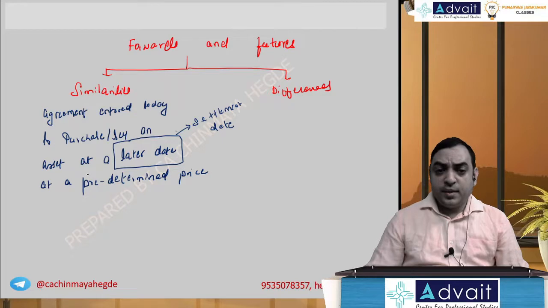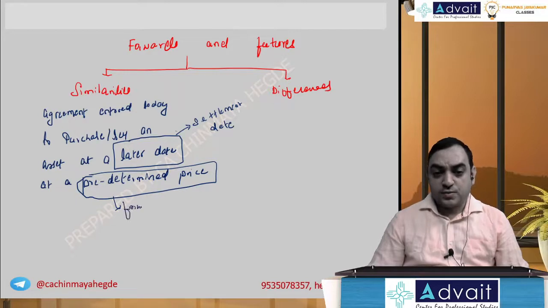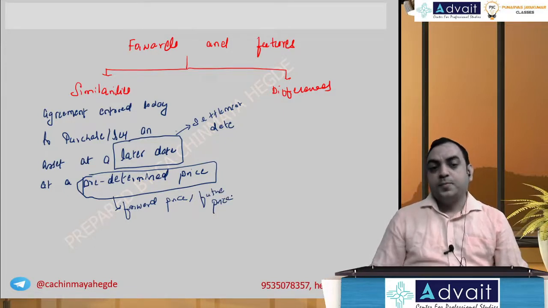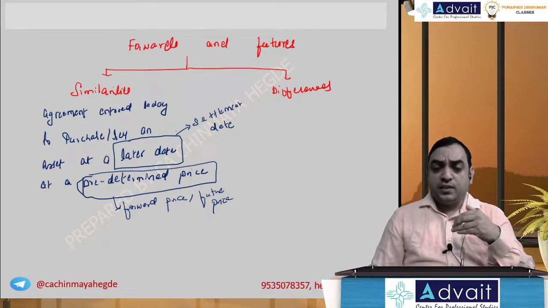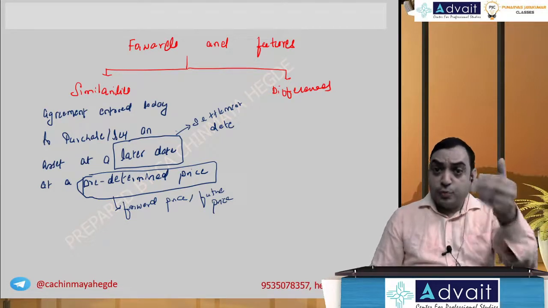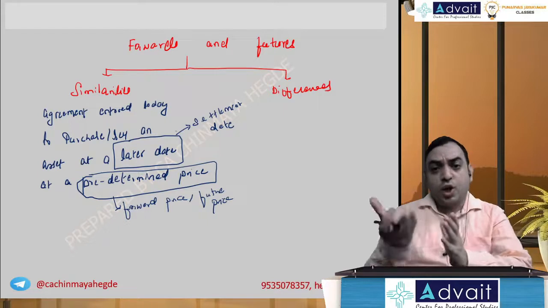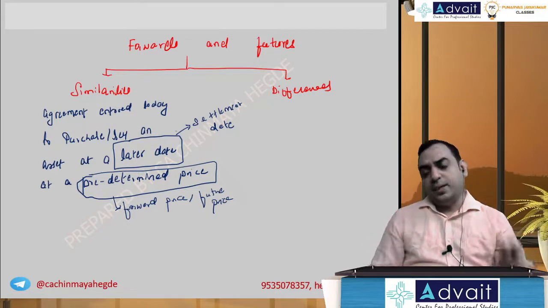And the predetermined price is called the forward price or future price. If one person is entering into an agreement to buy, for the other person it is automatically an agreement to sell.